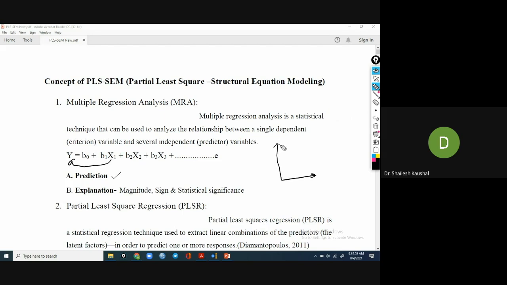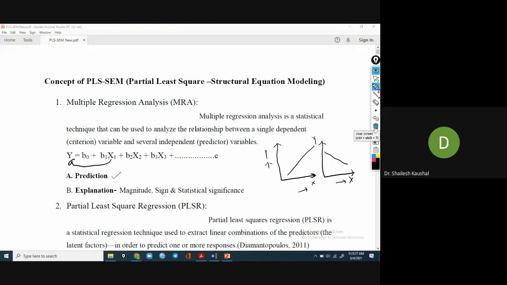One may be a positive relationship, meaning when we increase the value of x, y also increases, so it's a positive correlation between the two variables. Second, maybe a negative relationship, when we increase the value of x, the value of y decreases, so there is a negative correlation between the two variables.